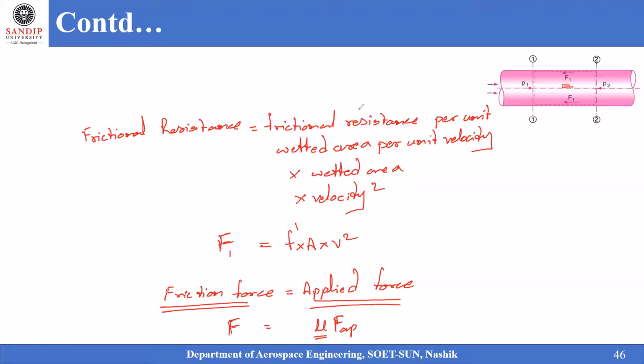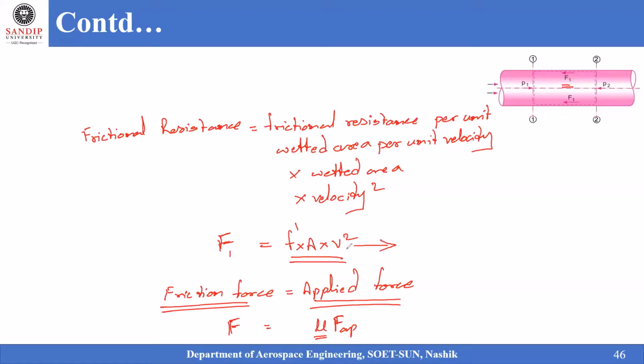But as far as the fluid flow is concerned, the fluid flow is dynamic in nature. So in order to understand better how we got this expression of F dash A V square, I'll tell you, even in the other way also you can utilize this.